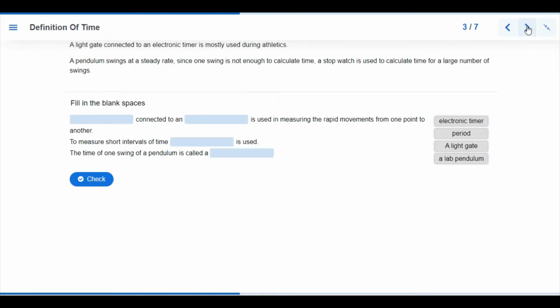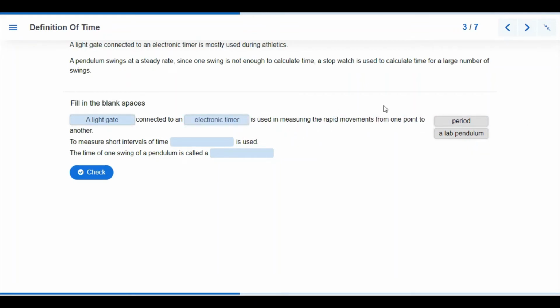Now, definition of time. A light gate connected to an electronic timer is mostly used during athletics. The pendulum swings at a steady rate, since one swing is not enough to calculate time. A stopwatch is used to calculate time for a large number of swings. We have to fill in the blank spaces. The light gate, just like I mentioned earlier, is connected to an electronic timer.